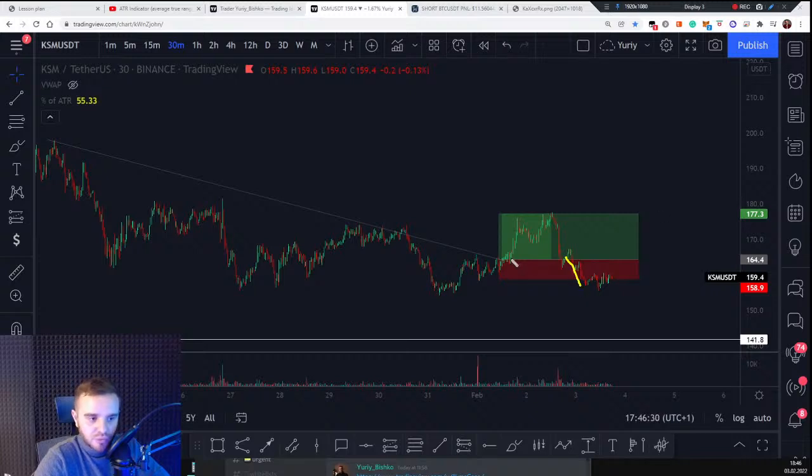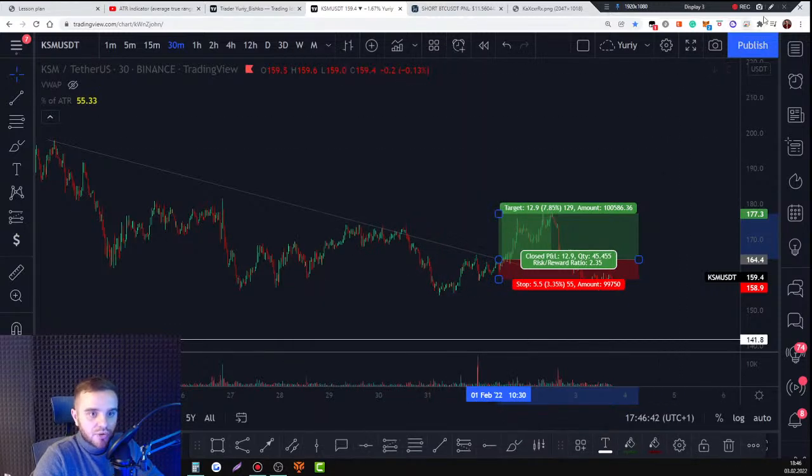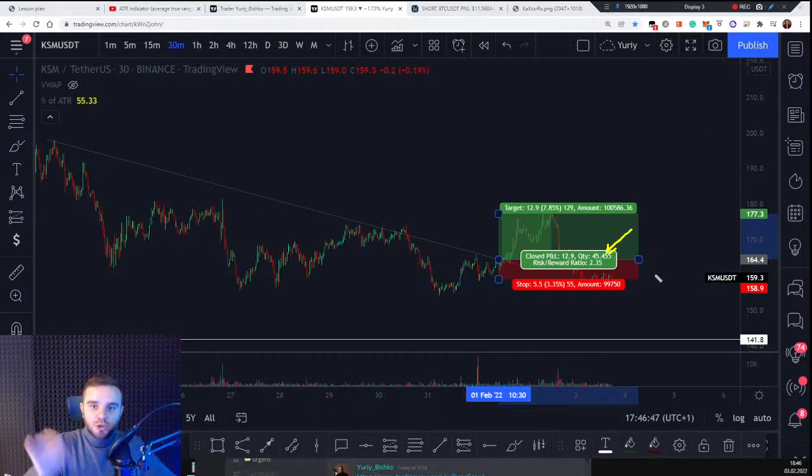For example, everything is good, price started moving in our direction, but after that it dropped. In this case, what I do, I write 250, and TradingView shows me the quantity, the amount of coins that I should put into my platform to have proper position size, so that if price hits my stop loss with such position size, I still lose the same amount of money.